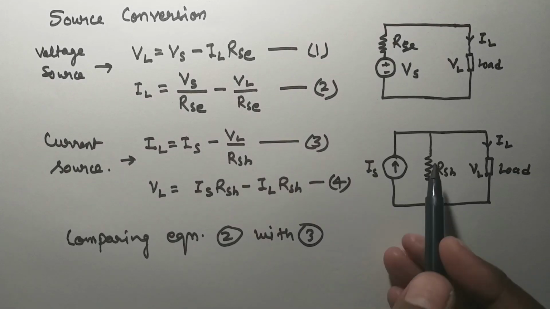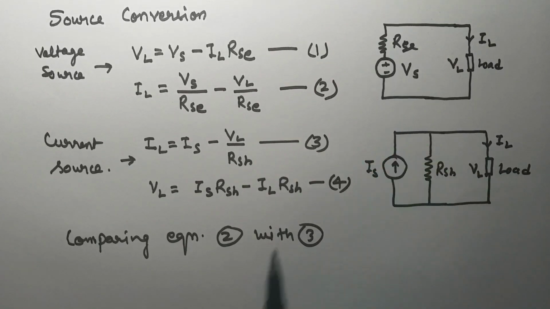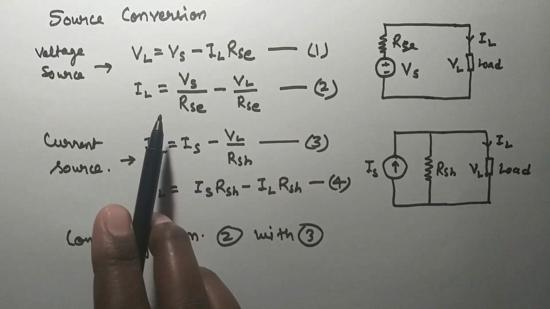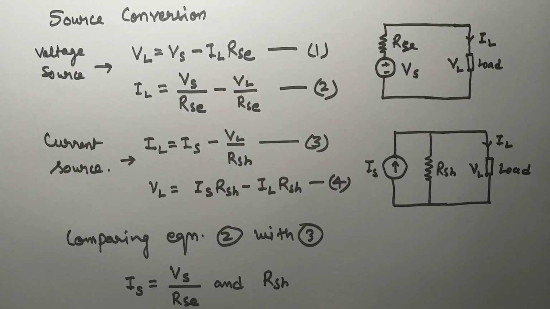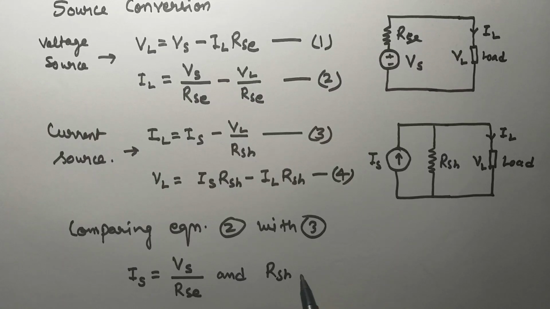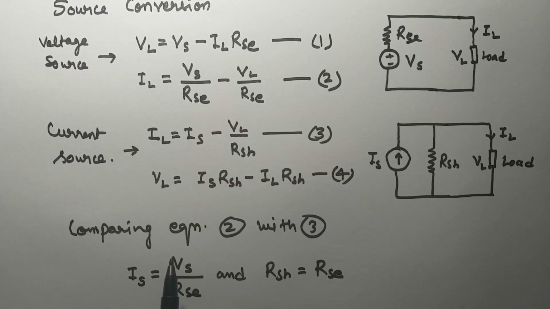Therefore, if we have found this current source as equivalent to this voltage source, then the source current value of that current source should be equal to Vs upon Rse, and the shunt resistance or the parallel internal resistance value should be equal to the series internal resistance of the voltage source.